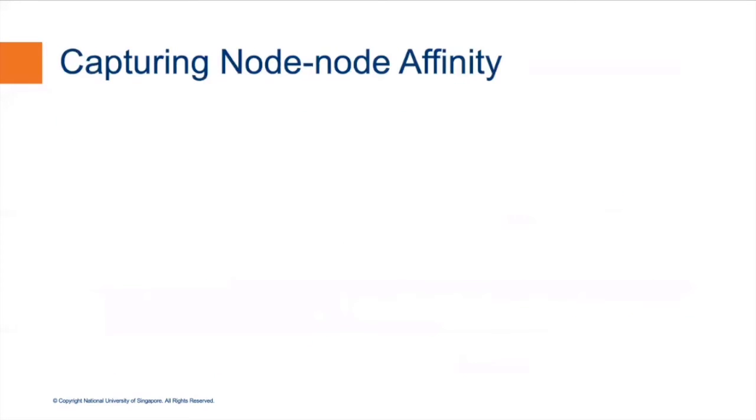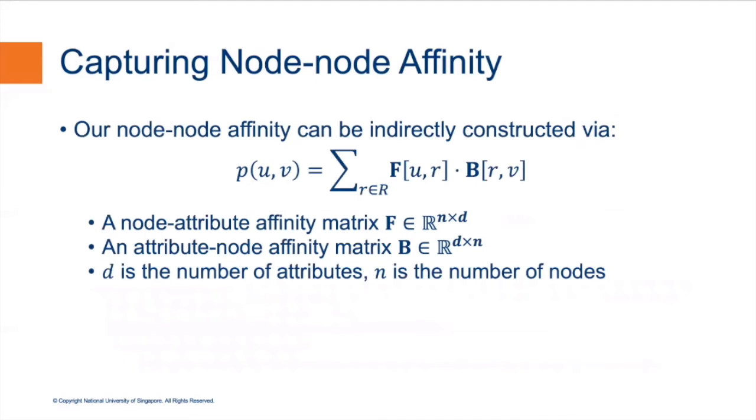Based on this intuition, we define a node-node affinity measure as follows. The node-node affinity PUV between node U and node V is the summation of FUR times BRV over all possible attributes R, where FUR is the node attribute affinity and BRV is the attribute node affinity.